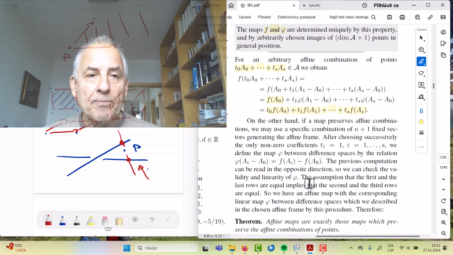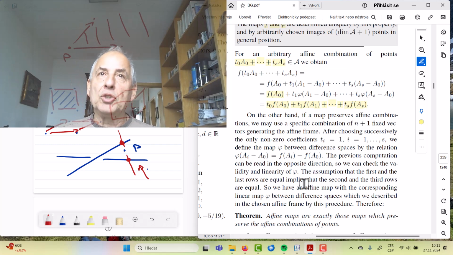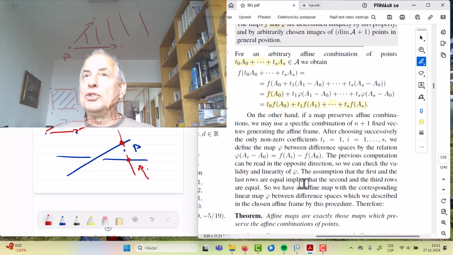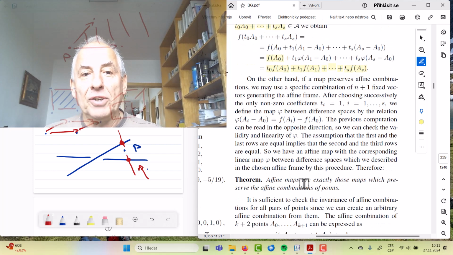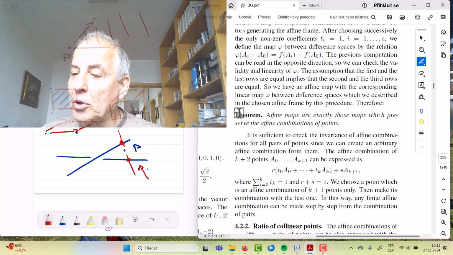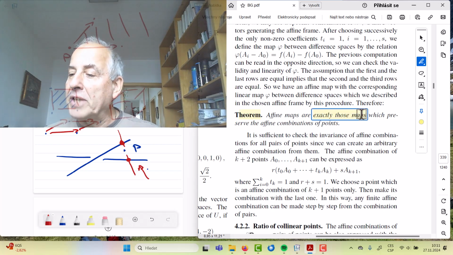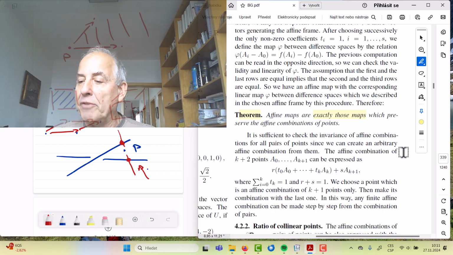So you see that actually each affine map preserves the affine combinations, which we had to expect, and it also holds the other way around. So the affine maps are exactly those maps which preserve affine combinations of points. Right.